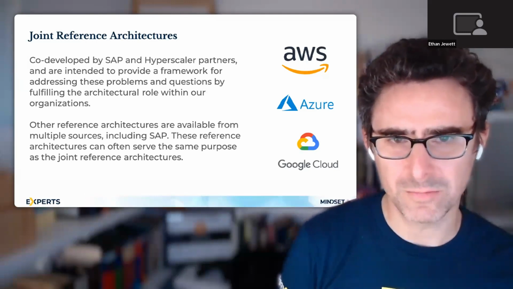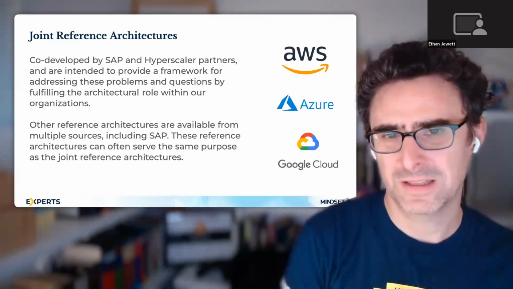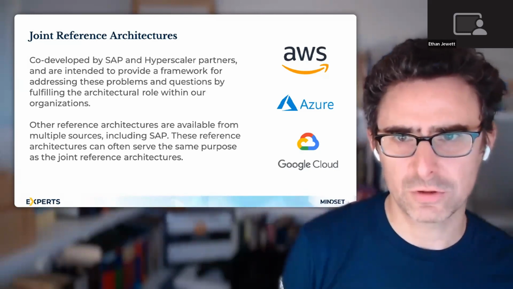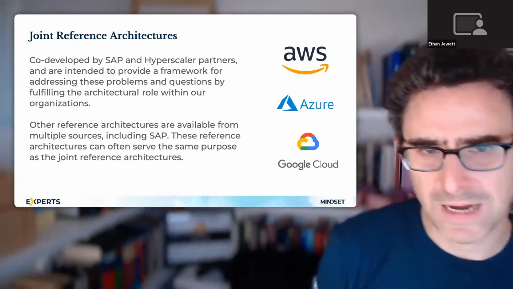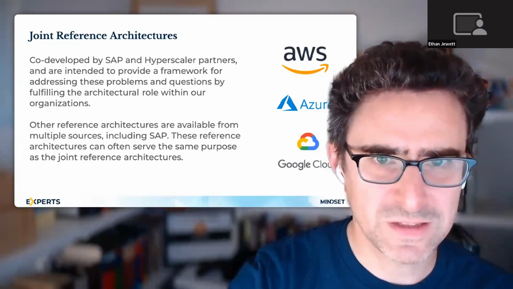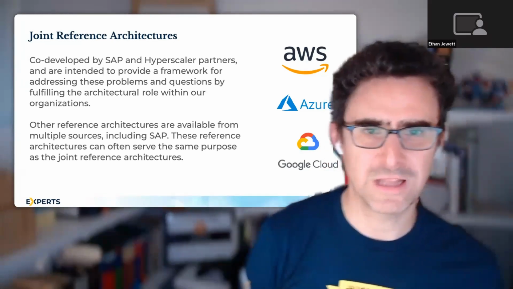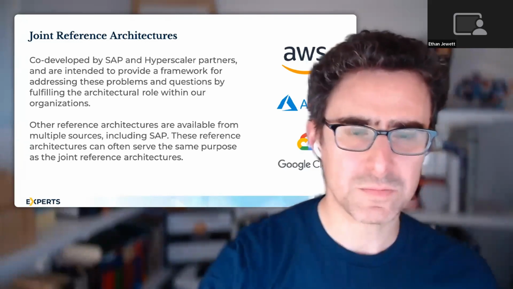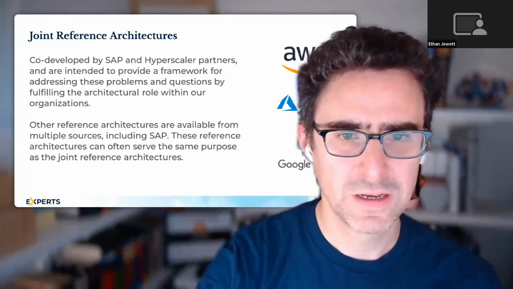So these architectures help to answer many of these questions. They do provide a validated approach, which is really nice. And they are co-developed by SAP and hyperscaler partners, which means that they at least have two points of view that are aligned within them, to help to give some answers to how to address these problems.